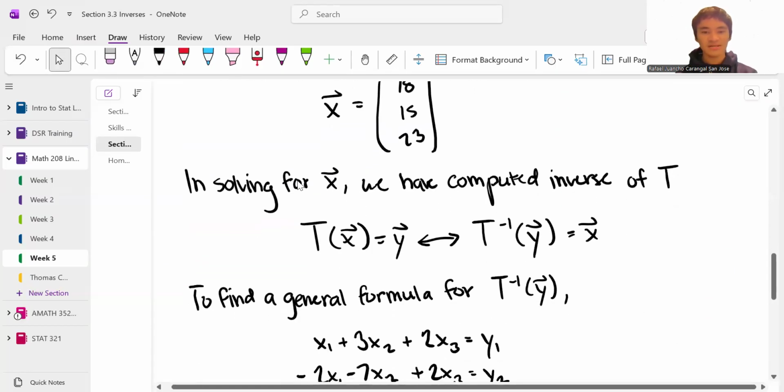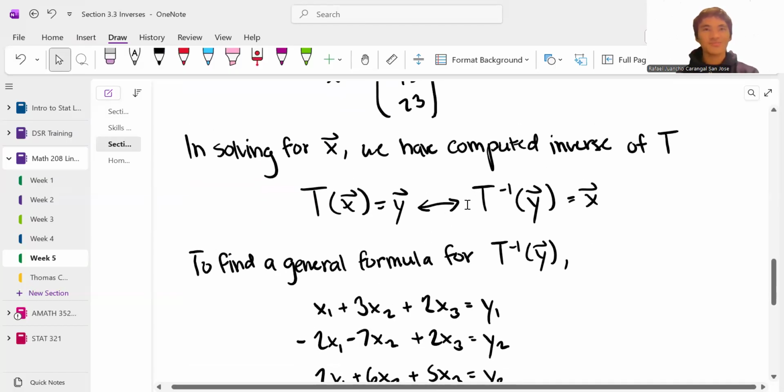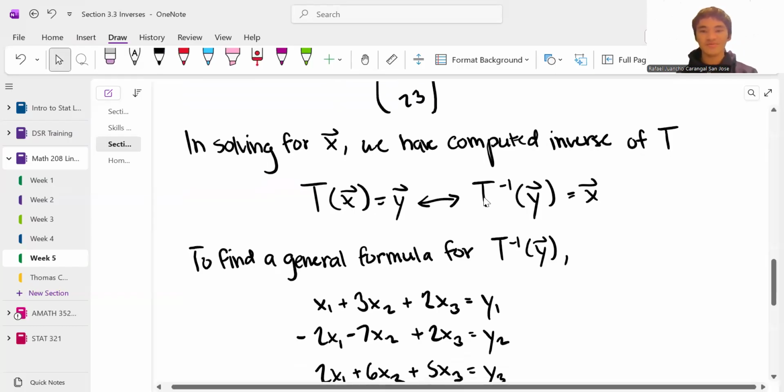So the idea is, in order to solve for this x, we have computed the inverse of T. It's actually pretty easy, right? Because we've been doing Gaussian elimination countless times. So we're just trying to say it in a more compact way that we're actually computing the inverse of the transformation. And so if we transform it, so we say the inverse of y, we're going to get back the input x.